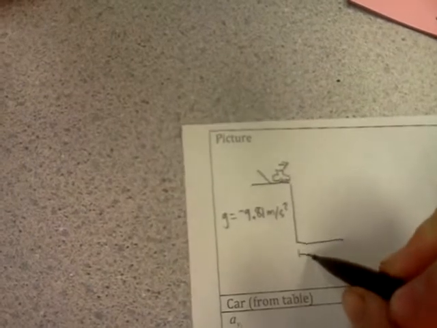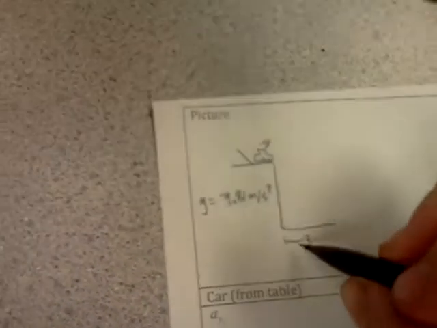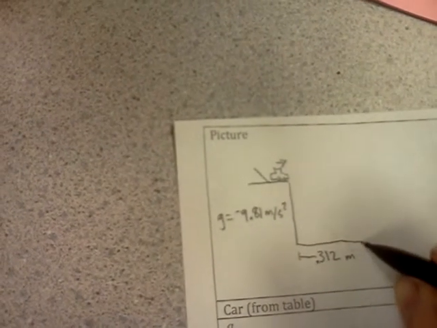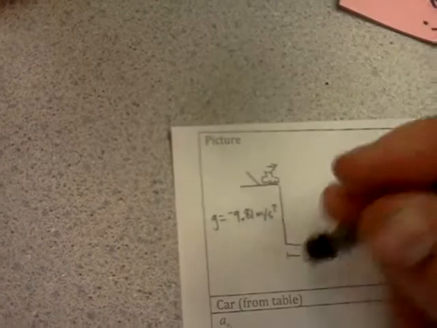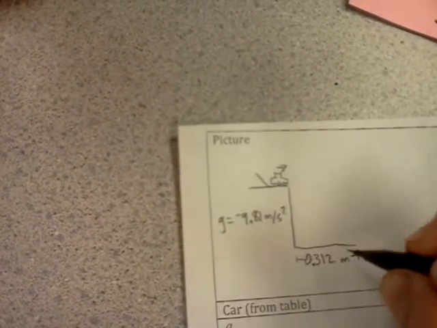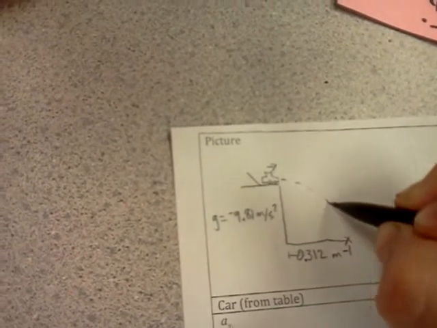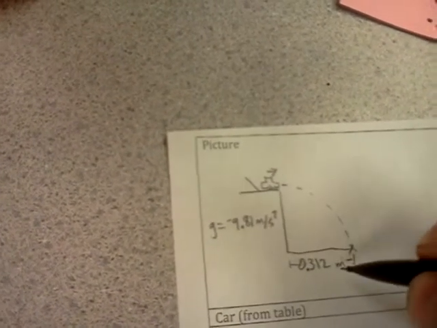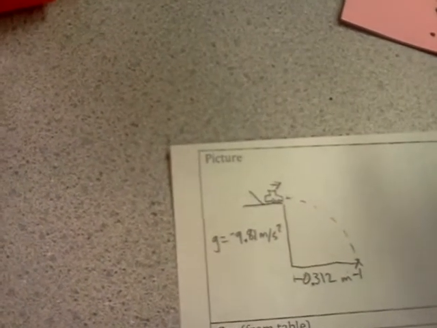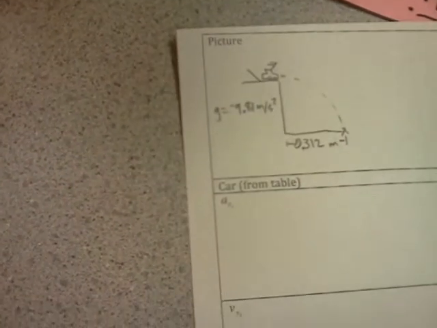So this distance here is 0.312 meters from the edge of the table to where it lands. And I want to know what its initial velocity was. Based on that, we can figure it out.